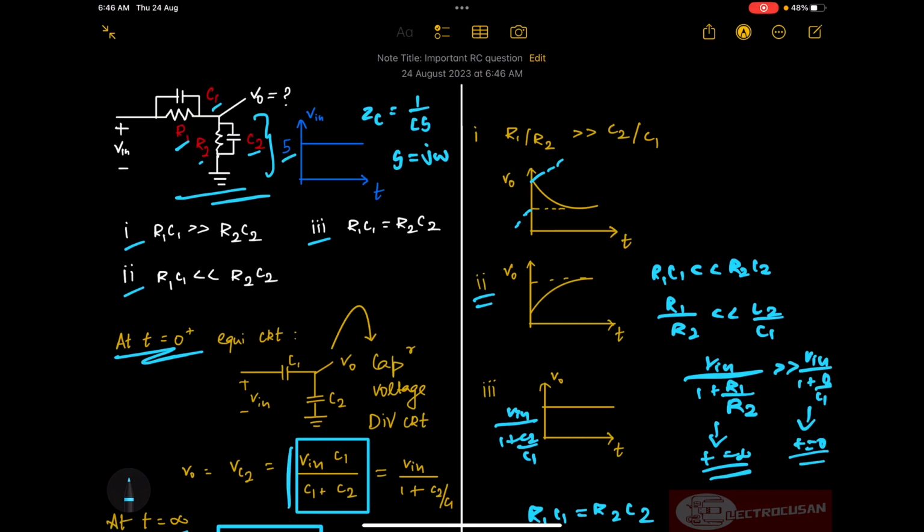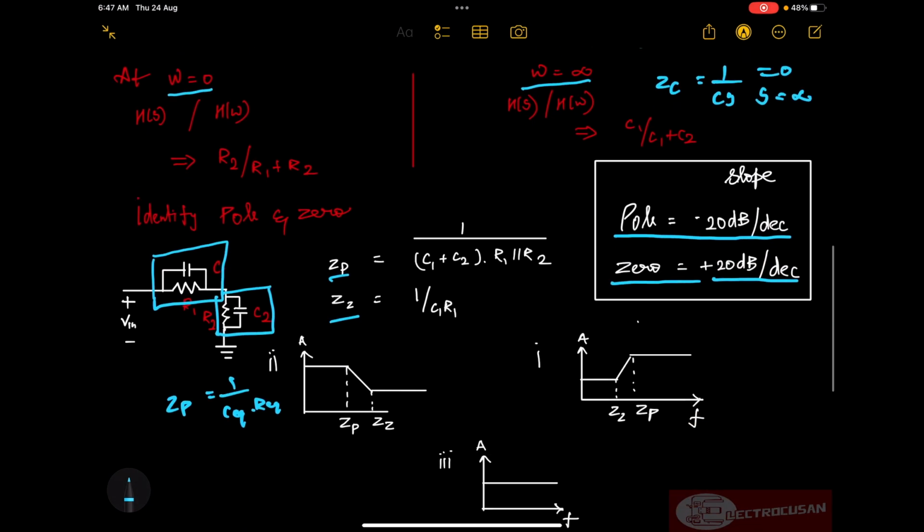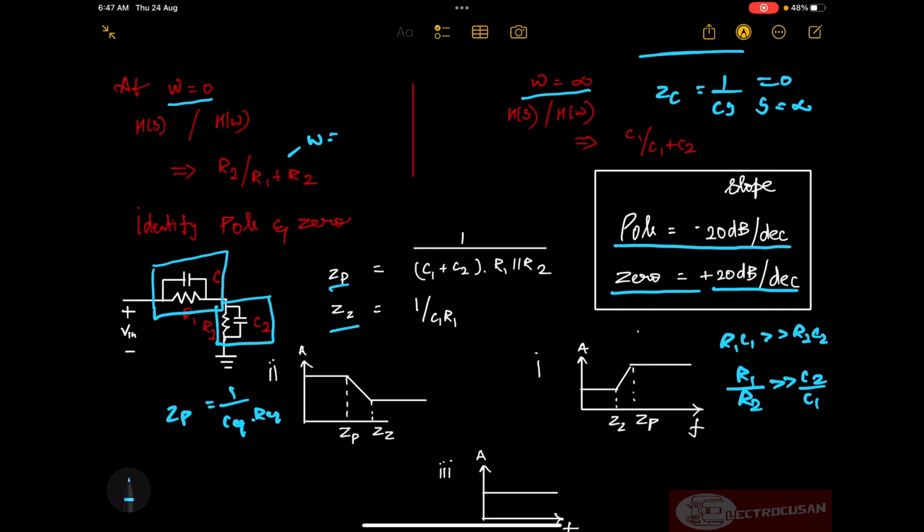The first case is R1C1 greater than R2C2, which is R1 by R2 greater than C2 by C1, right? This is at omega equal to 0. If you just rearrange the terms, this turns out to be 1 divided by 1 plus R1 by R2, and this turns out to be 1 divided by C2 by C1 plus 1.